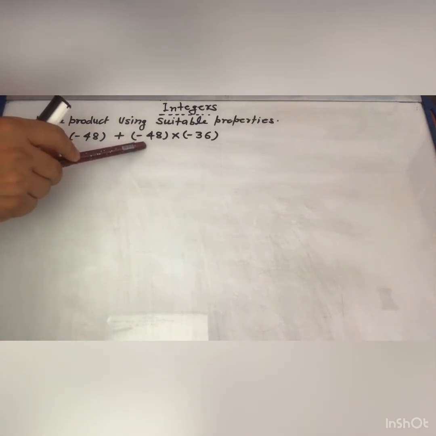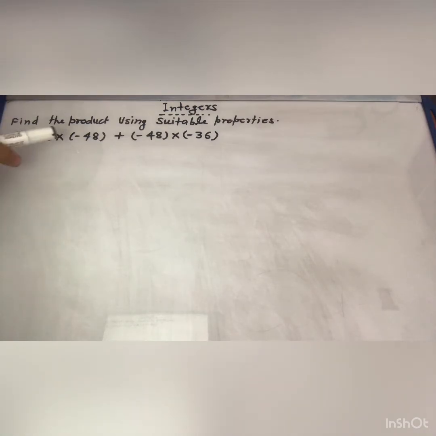So let us see a question for understanding these operations in integers. Here is a question: 26 into minus 48 plus minus 48 into minus 36. This is an important question, and now we will learn how to solve it.